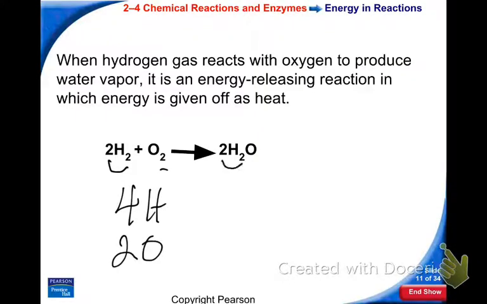And look, on this side, we've got 2 times 2, 4 hydrogens and 2 oxygens. So our equation is balanced. We cannot have hydrogens or oxygens just disappearing. Where would they go? Matter just doesn't disappear. It has to be found. So if you ever encounter an equation that I say is not balanced, it's because we have an atom that mysteriously appears or disappears.